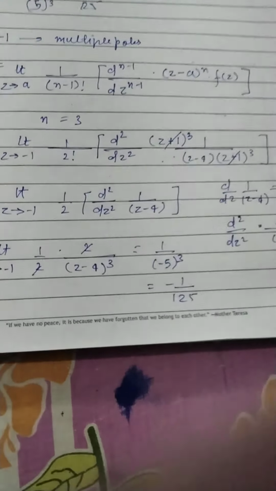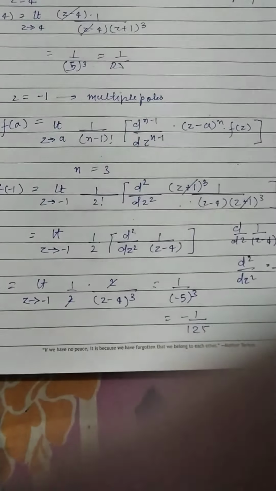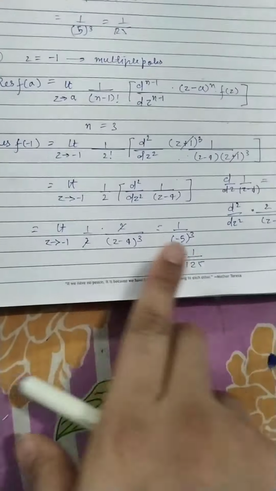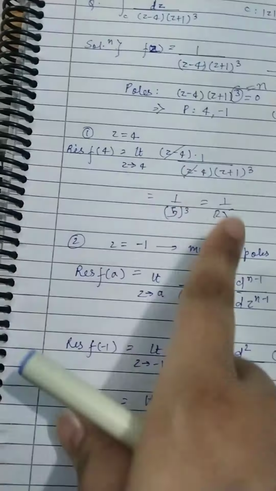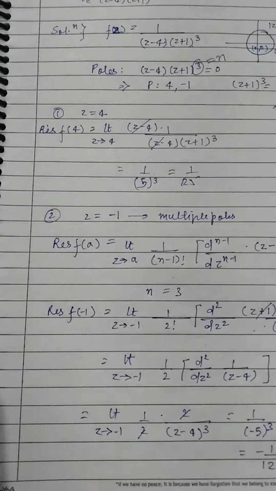So what we get is residue of f at minus 1 equals minus 1 by 125, and residue of f at 4 equals 1 by 125.